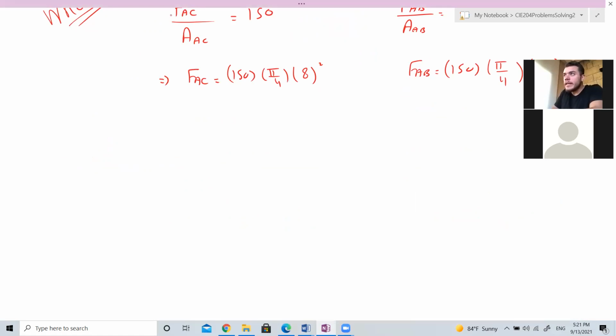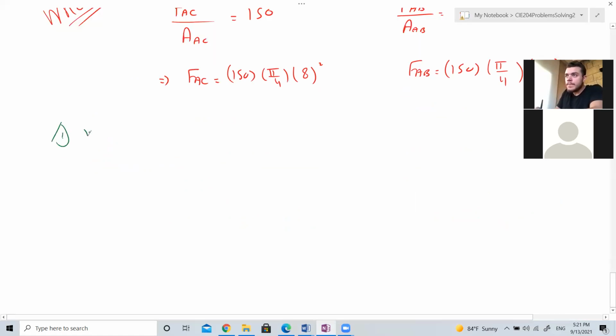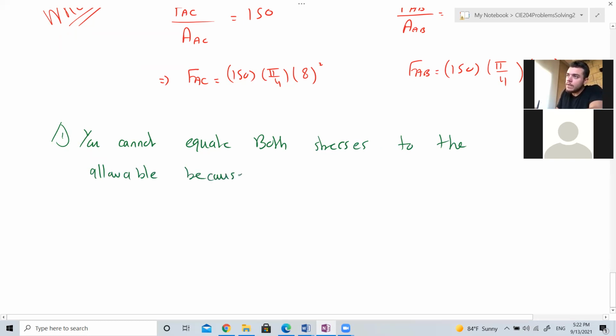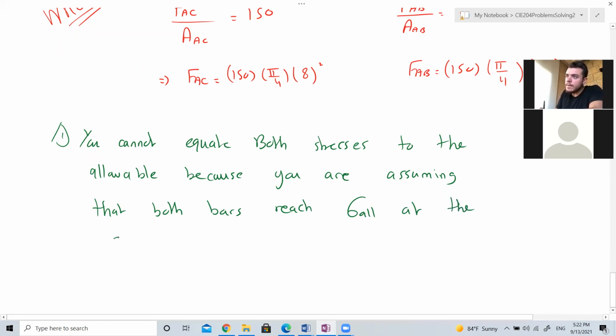So here you cannot equate both stresses to the allowable, because you are assuming that both bars reach sigma allowable at the same time. This is wrong.